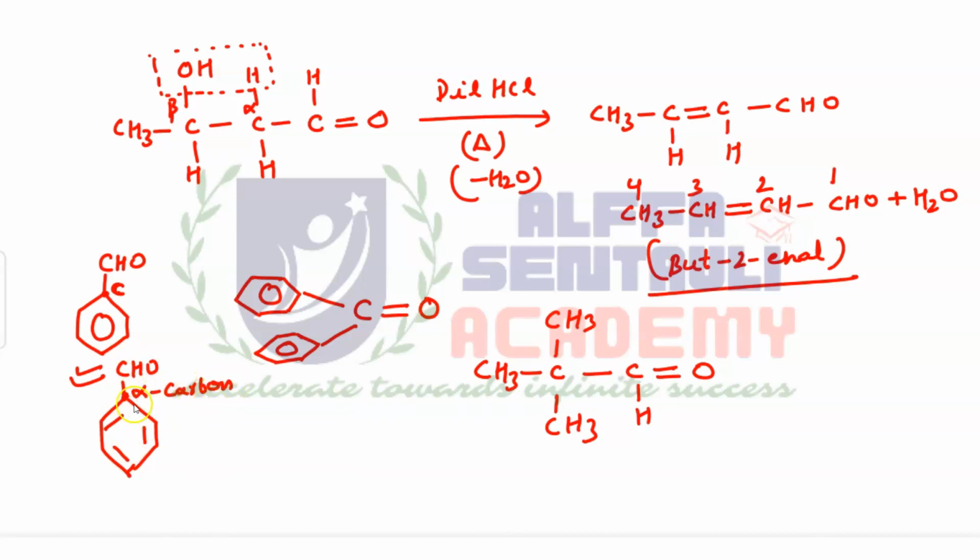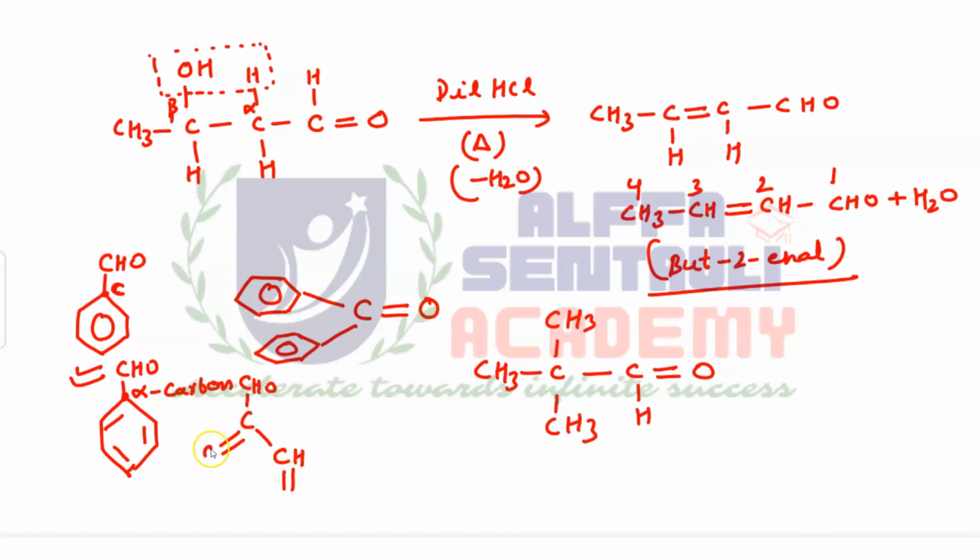Correct? Now if this is my alpha carbon, how will this carbon look? See, this is CHO. Correct? This is my double bond. Right? And this compound looks like this.